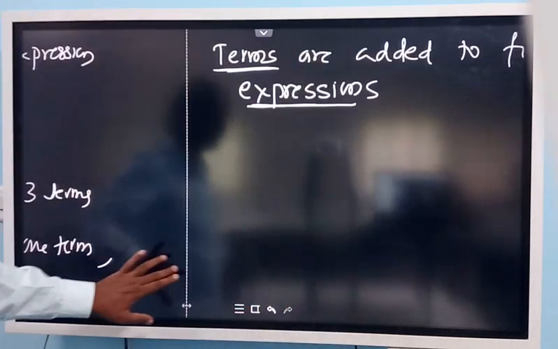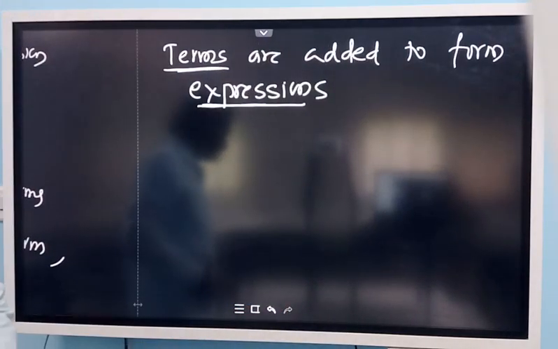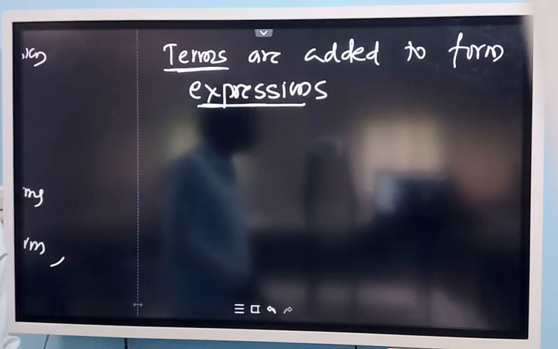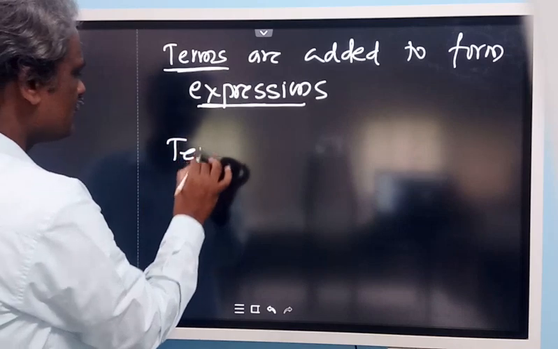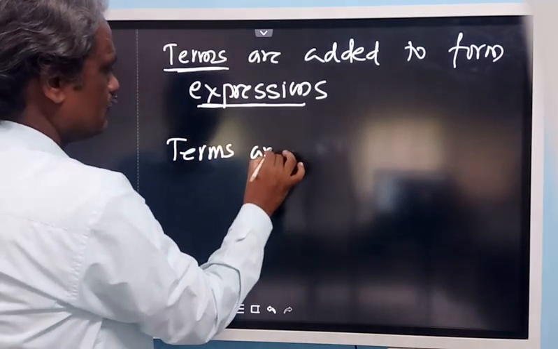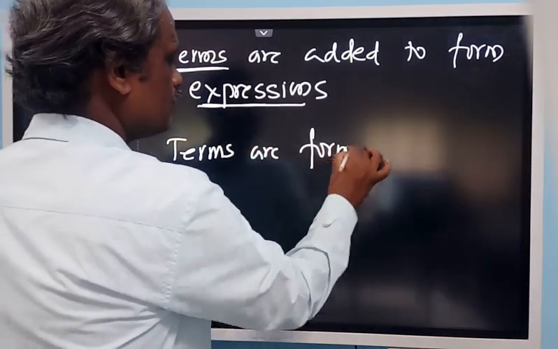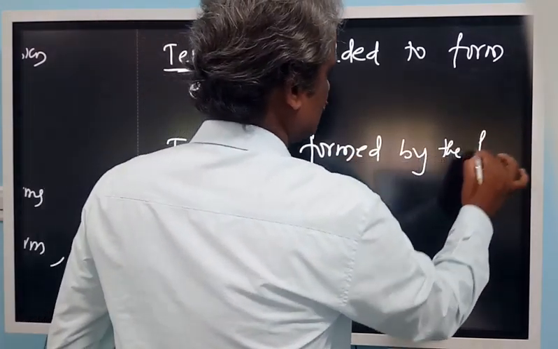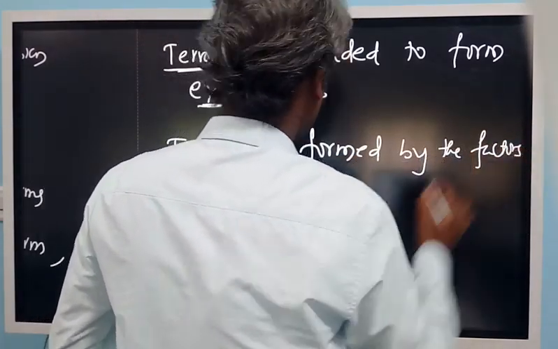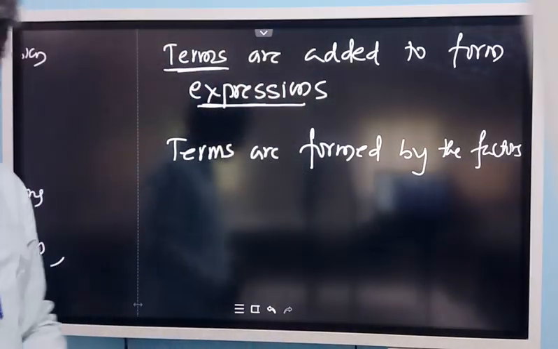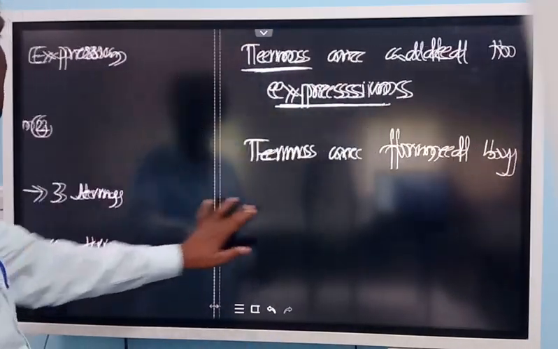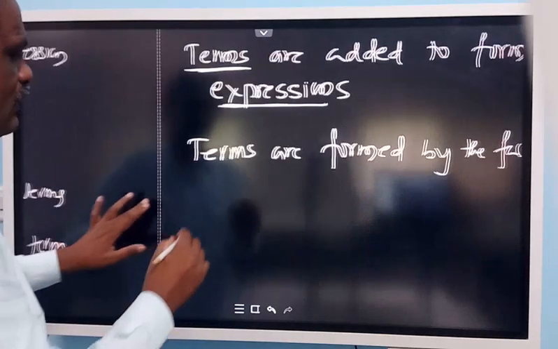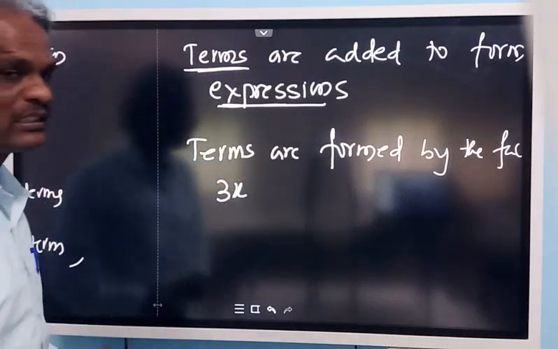Now these terms can be formed by the factors. Terms are formed by the factors. For example, in this expression 3x plus 5, 3x is one term.